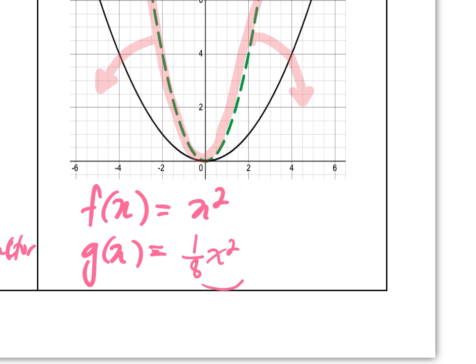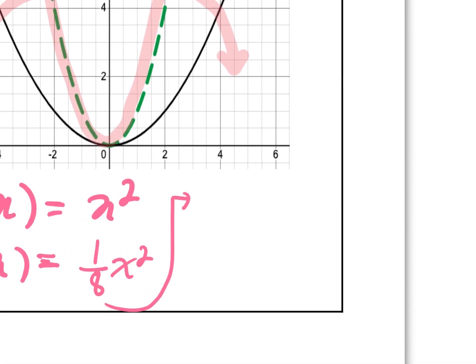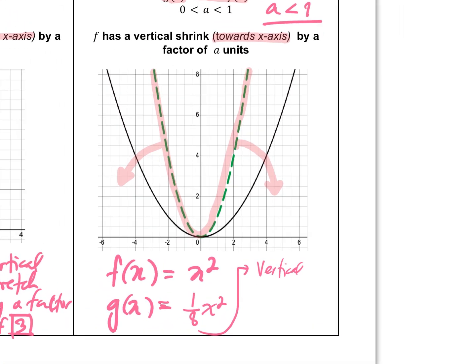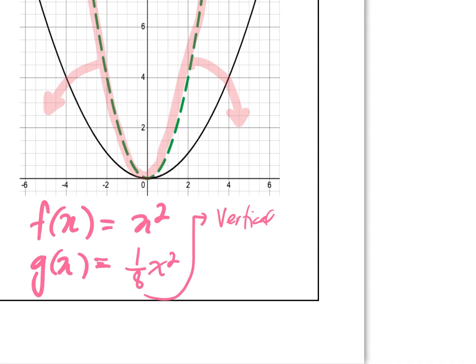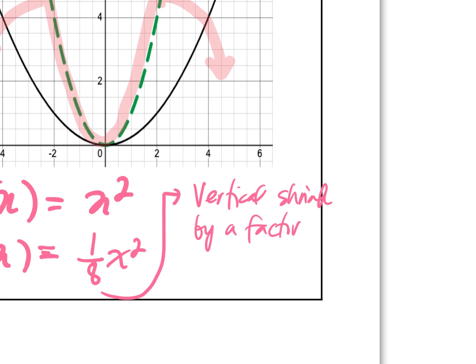Okay, so if you're going to be describing this one, it's going to have a vertical shrink by a factor of 1 over 8. So this is how you describe that transformation that's happening.